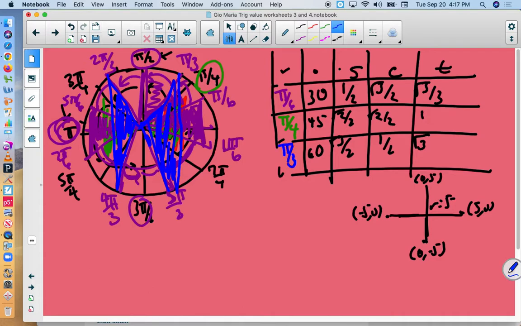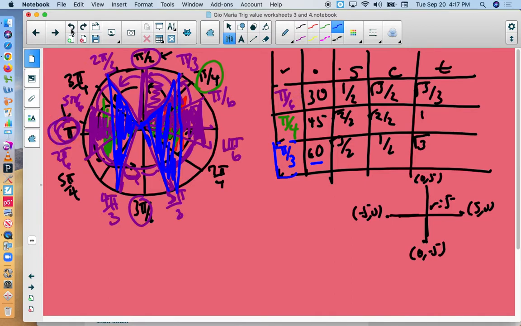Now you shouldn't get these confused because, if you're translating, pi is 180 degrees, and 180 divided by 3 is 60. Pi is the same thing as 180 degrees, divided by 6 is 30. So you should remember those that way.